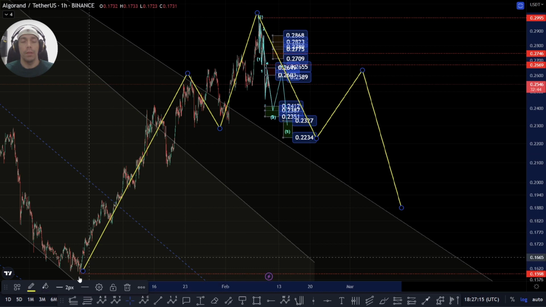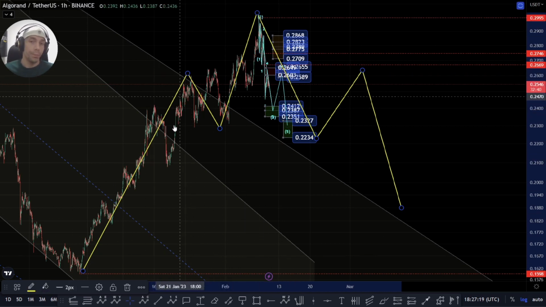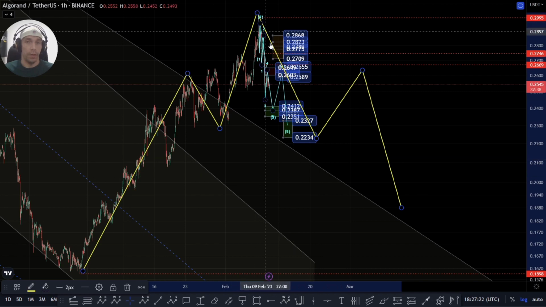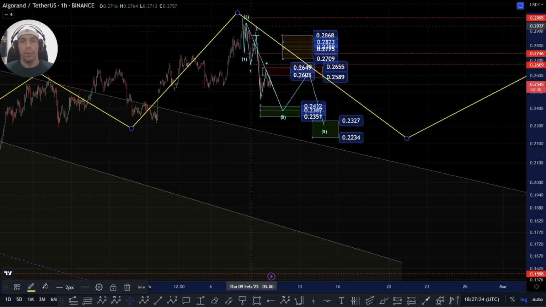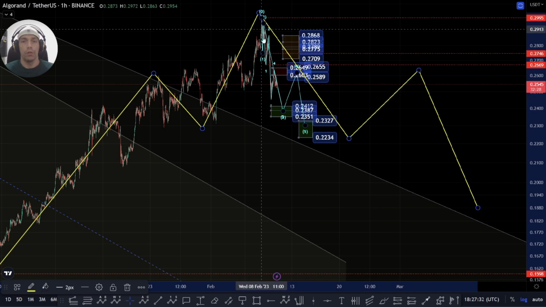If we fail to develop that, we'll have to just look at this as a complex correction into this zone, and then effectively that could mean that this move to the downside that is starting here will be the start of a bigger downtrend. So we just need to be careful with this structure.